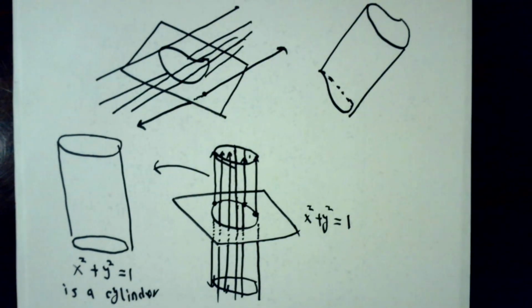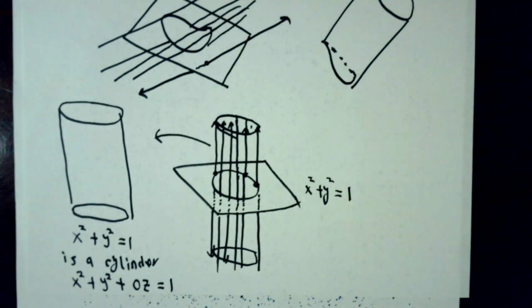Sometimes people find that to be very disturbing. If it makes you feel any better, you could write something like this. You could write x squared plus y squared plus 0 times z is 1. It doesn't make me feel much better because it makes the equation more complicated. It's going to be up to us to keep this straight.